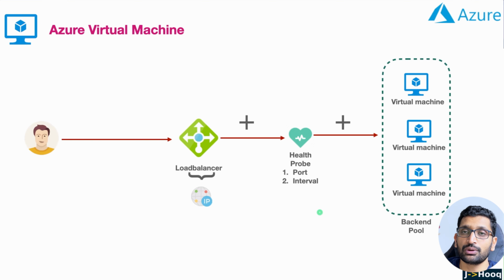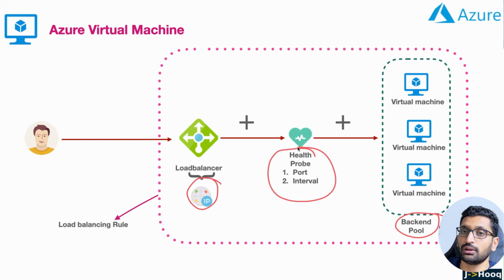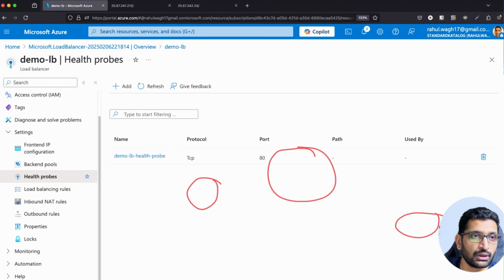We need to attach everything together, including the front-end IP configuration, the backend pool, and the health probe. All of these things should be glued together, which you can see from here also.